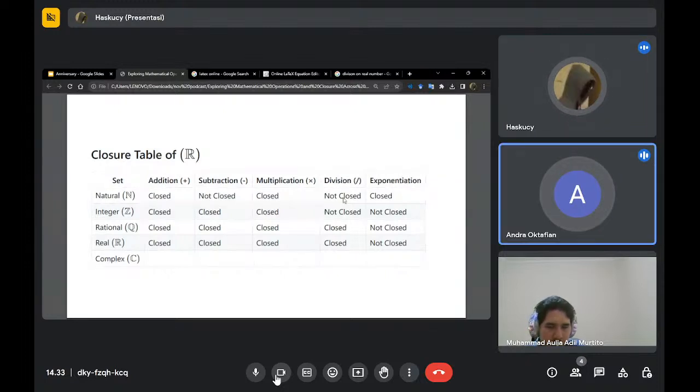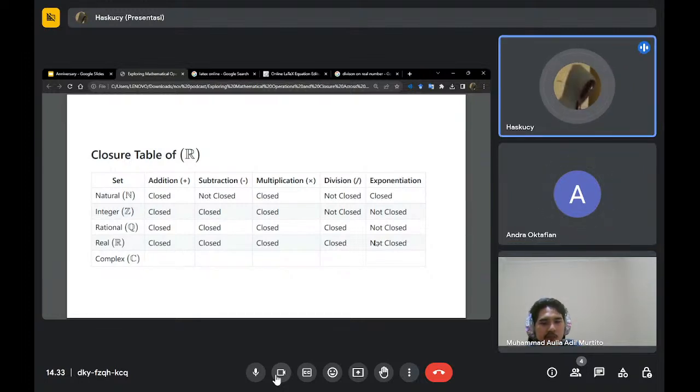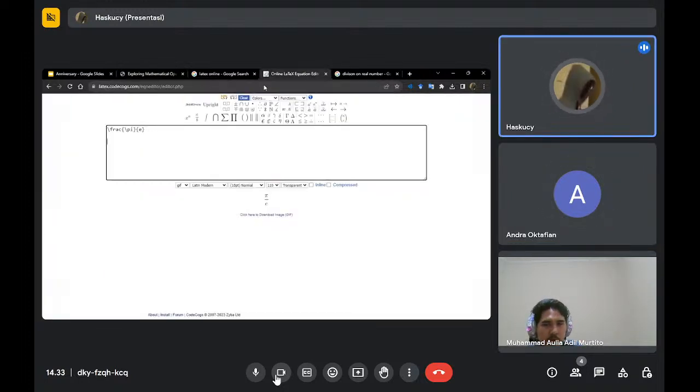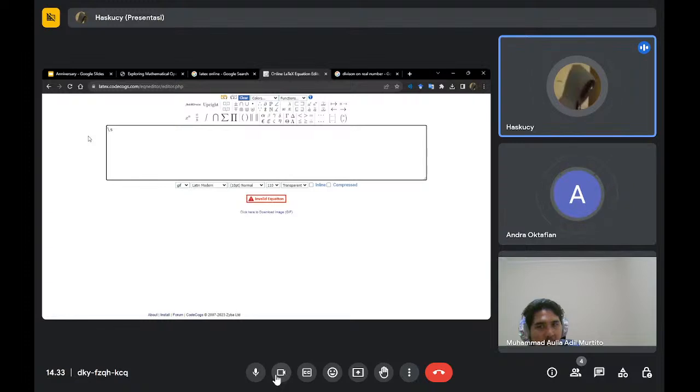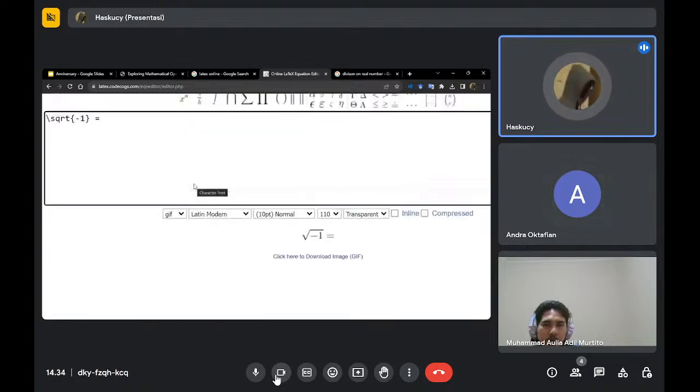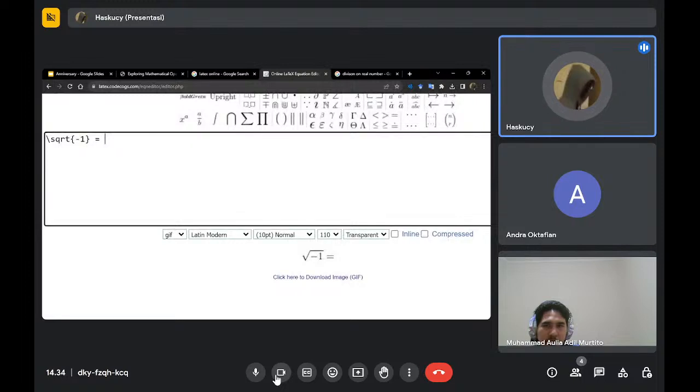But this one is not closed, because real numbers cannot work in exponentiation. For example, if you exponentiate the square root of minus 1, you can see why you cannot do that, because what is the square root of minus 1?